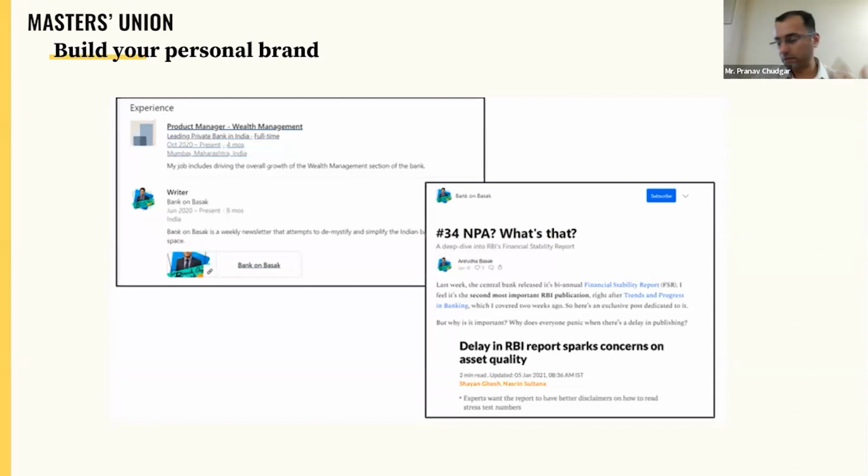I'll tell you my own example. If you go to my LinkedIn profile, which is Pranav Chudgar, and you can just do LinkedIn/Pranav Chudgar, you'll find me. I write on financial markets. So that's a brand that I've created, that if there is anything related to currencies, anything related to global financial markets, be it equities, currencies, commodities, I write about it and I've created that personal brand around my content.